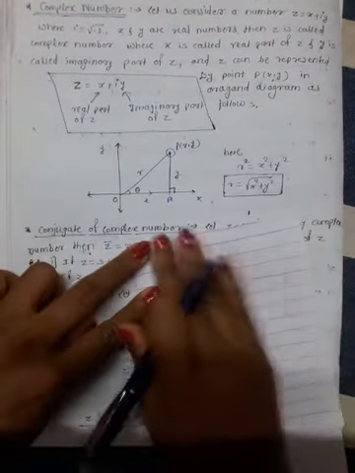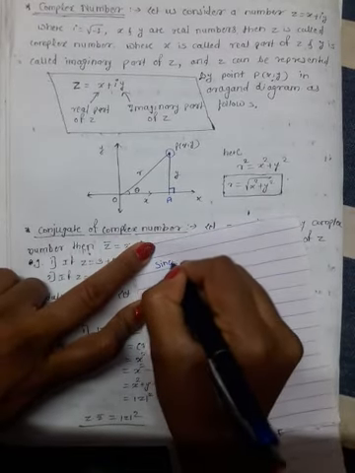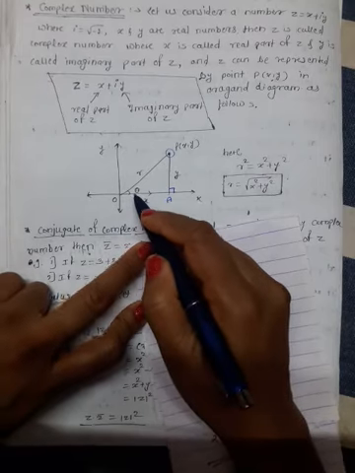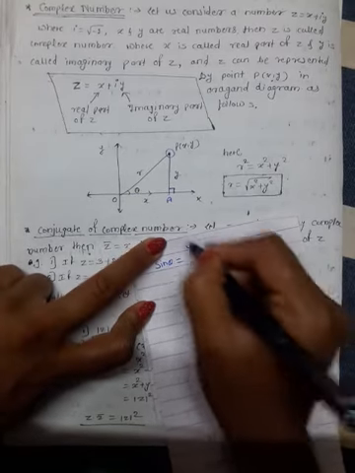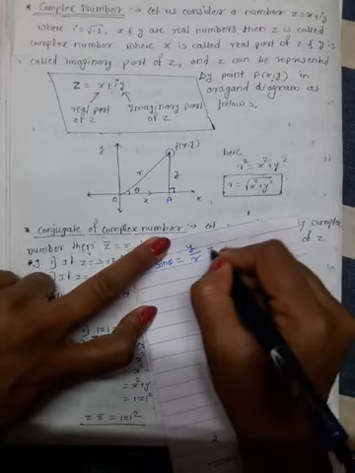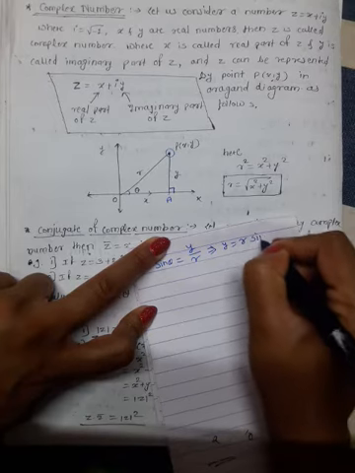What is sin theta? From the triangle, the opposite side upon hypotenuse, that is y upon r. Okay, from this y is equal to r sin theta.